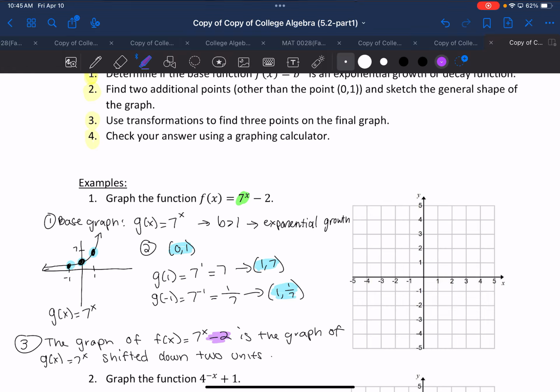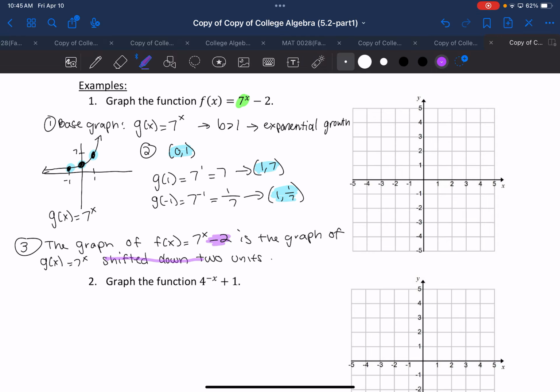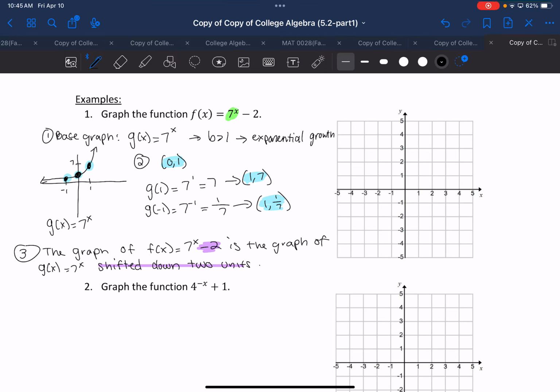And remember, when we add or subtract a number to the entire base graph, that would shift it up or down. That's a vertical transformation. So that's shifting it down 2 units. So all of these points that I just found, I will just shift them down 2 units. So I'll subtract 2 from the y coordinates, because that's my up and down coordinates.